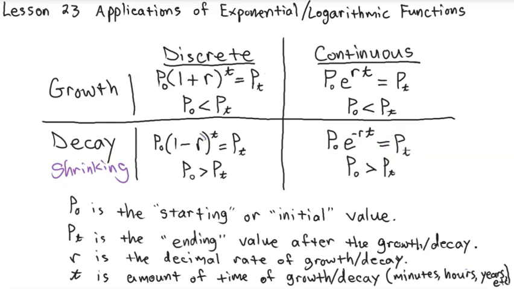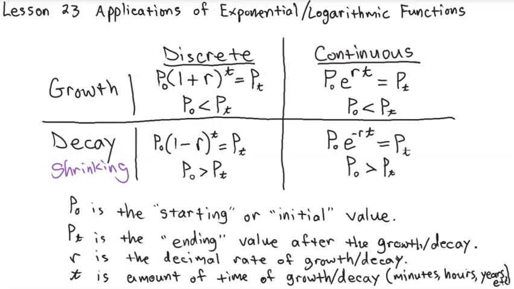And notice we have the r, we have the time in both of them, but notice the big difference between growth and decay. In growth, the r has a plus in front of it. But in decay, the r has a minus in front of it. And that means a negative growth rate or a shrinking rate, or a decay rate.